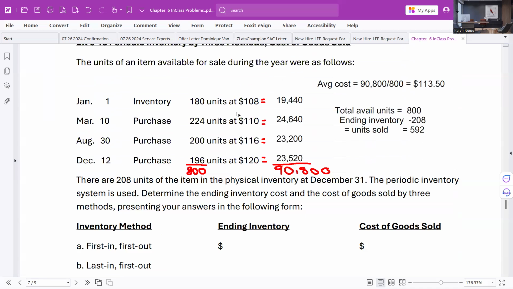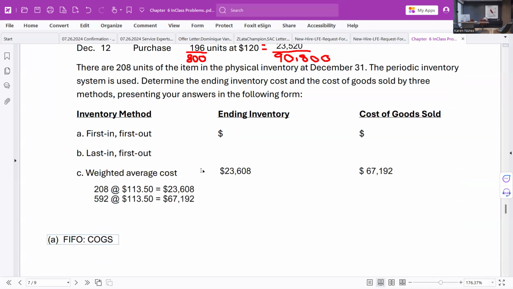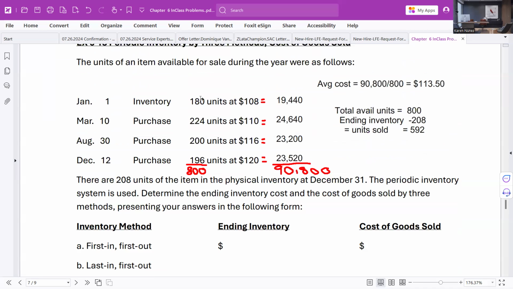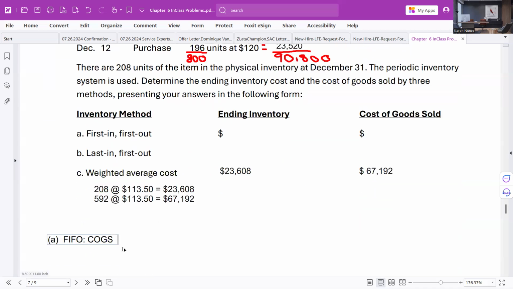First, 180 that cost 108, and then 224 at 110. So we have 180 at 108, that's going to equal 19,440.